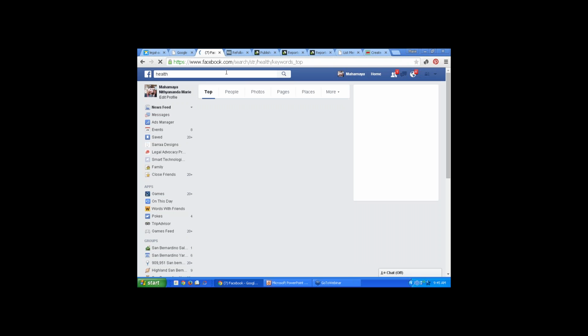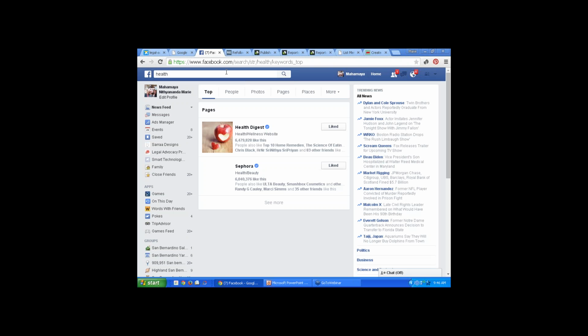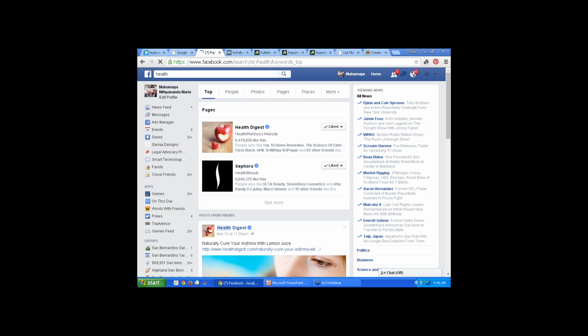I would say there are two different types of searches in Facebook. One is just health, where it's keyword-based. The other is by group. You can see there's a top, and sort of people, places, pages, things, and that there are different types of pages that you can like.